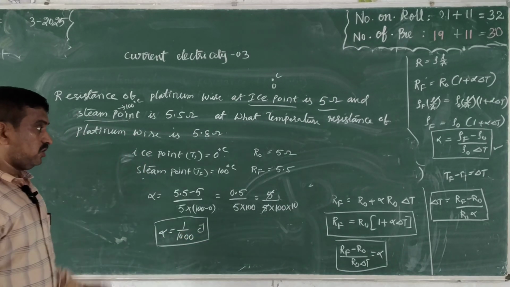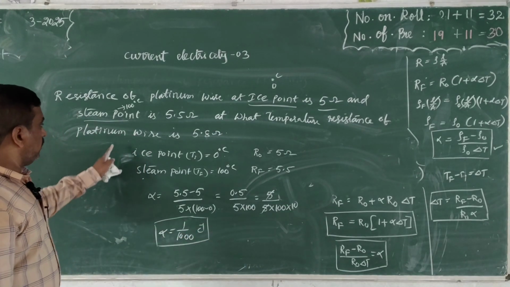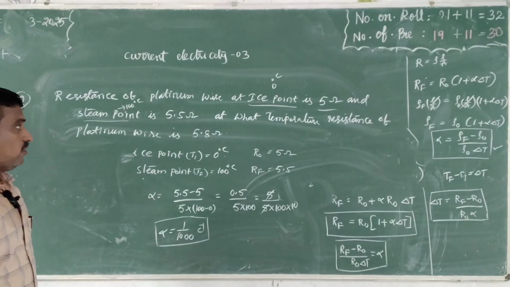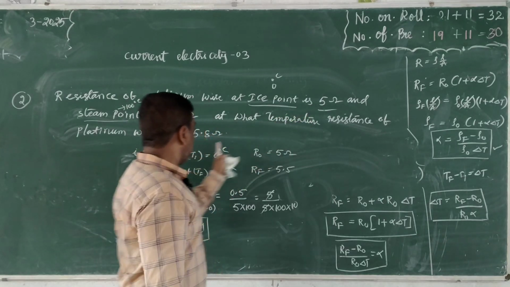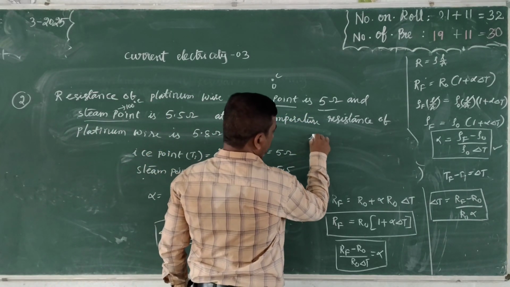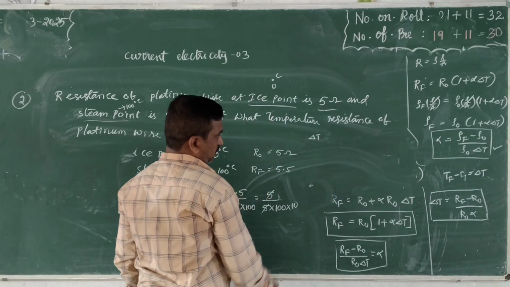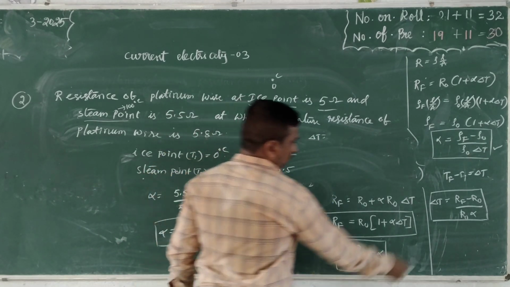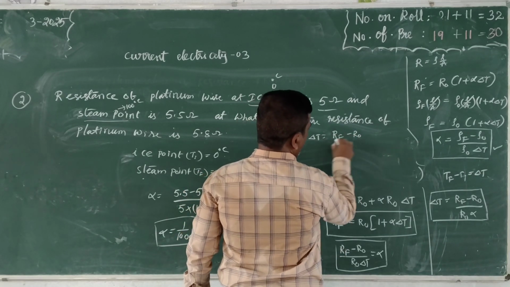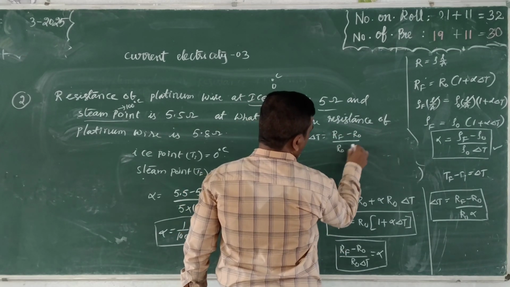So by using this value we find at what temperature the resistance is 5.8. Initial is 5, final is 5.8. The formula: delta T equals R final minus R initial, divided by R initial into alpha.